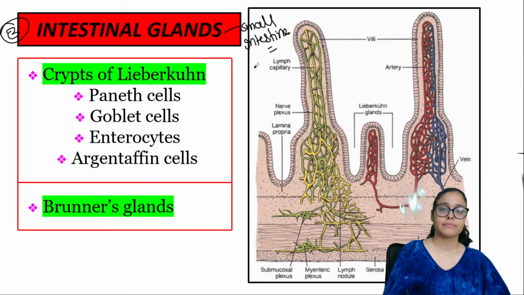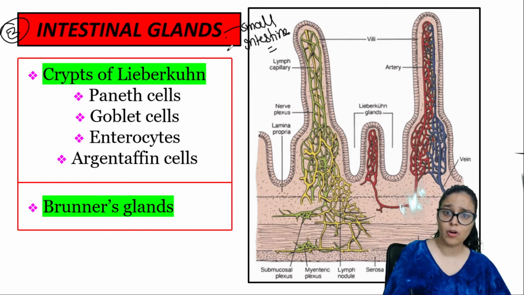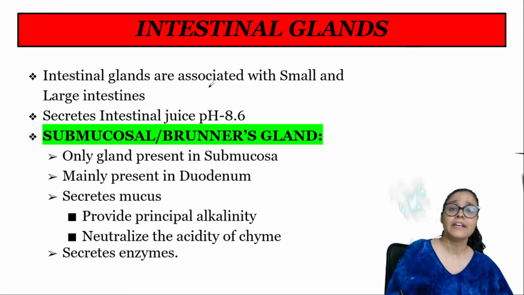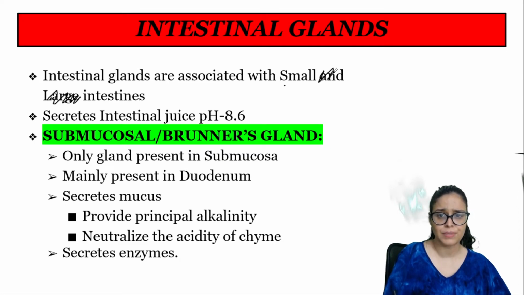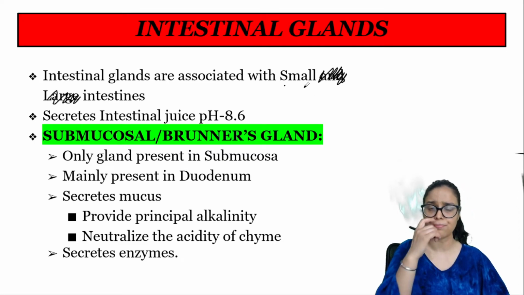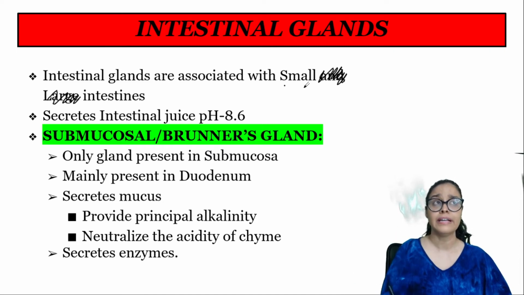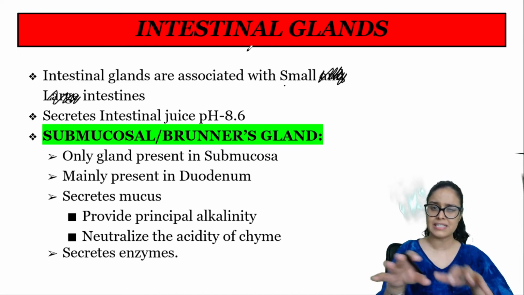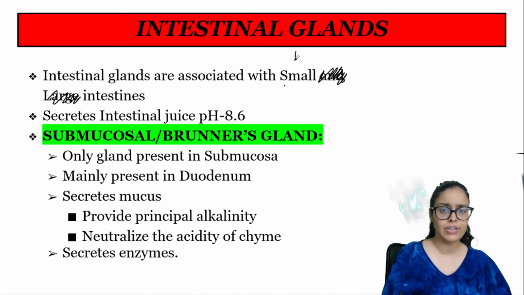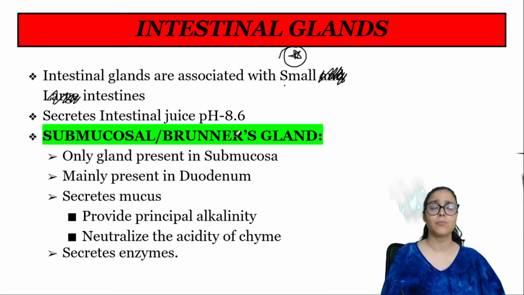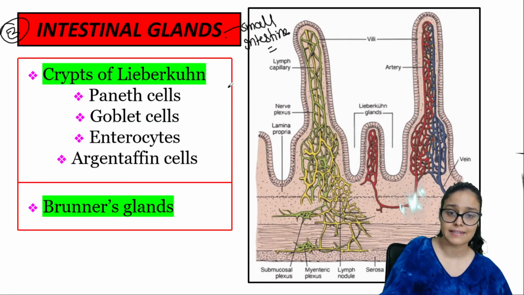And remember, when we talk about an intestinal gland, it is mainly associated with the small intestine, not the large, because the large intestine doesn't help in digestion, as it doesn't have any gland for enzyme secretion. Only mucus glands they are having, not any enzyme secreting gland. So we will be seeing only the small intestine gland, and it has pH 8.6.